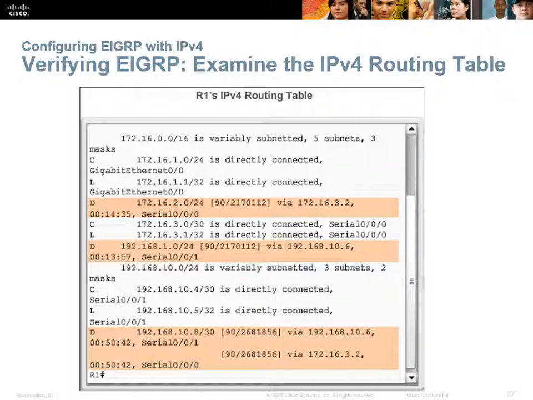the same. What would happen if they're both the same distance and the times are off? All this is saying right here is my 192.168.10.8 network can be gotten to via the 192.168.10.6 serial port or the 172.16.3.2 serial port.